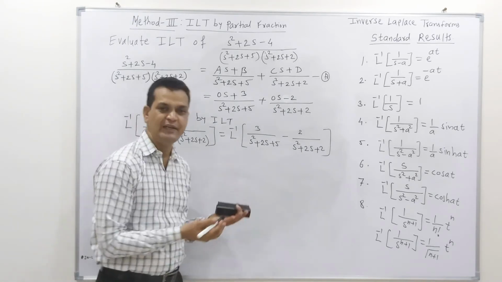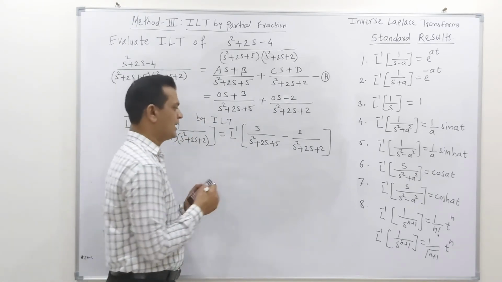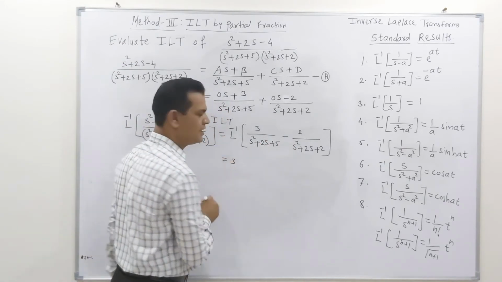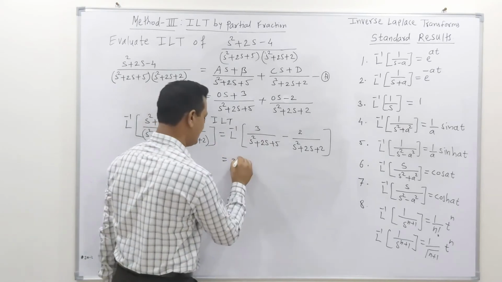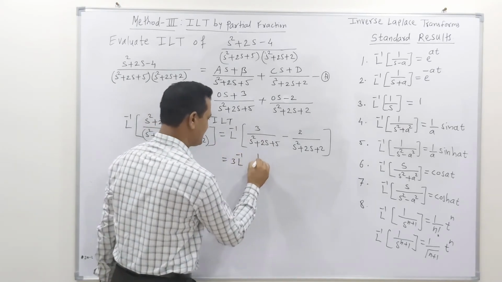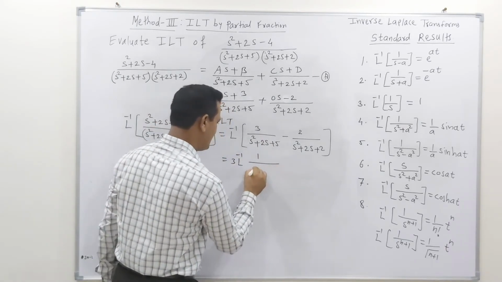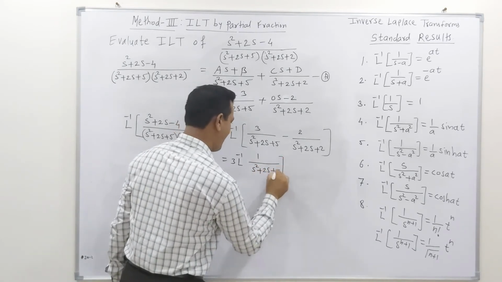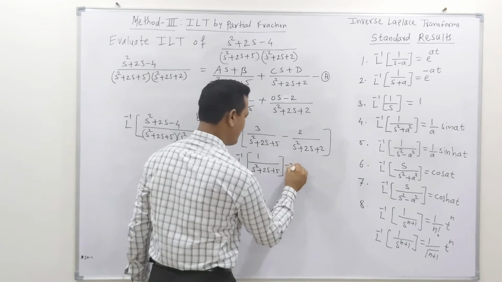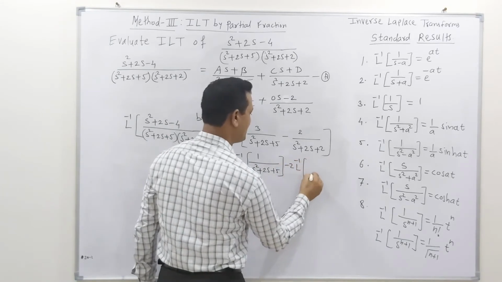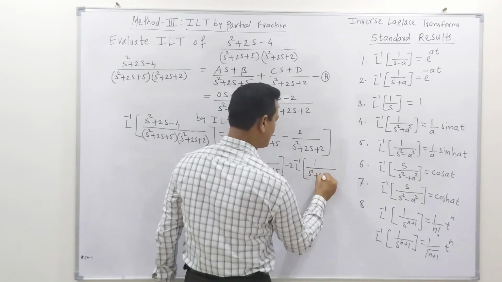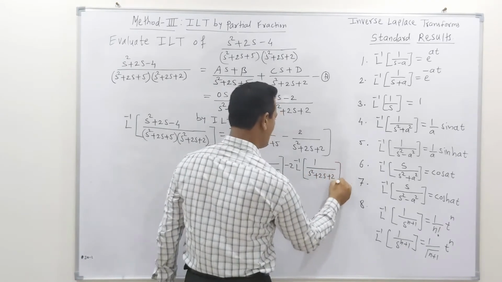Now apply the linearity property. This 3 is a constant, so it goes outside the inverse Laplace transformation: 3 times the inverse Laplace transformation of 1 upon s square plus 2s plus 5, then minus 2 times the inverse Laplace transformation of 1 upon s square plus 2s plus 2.